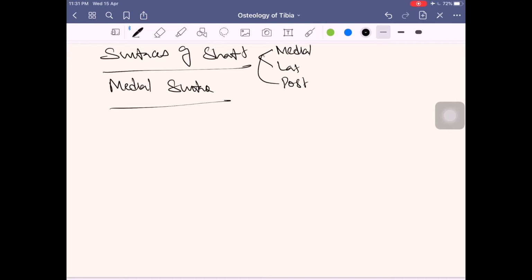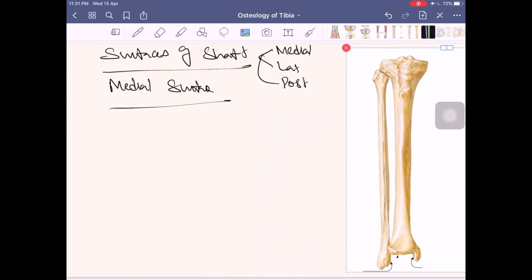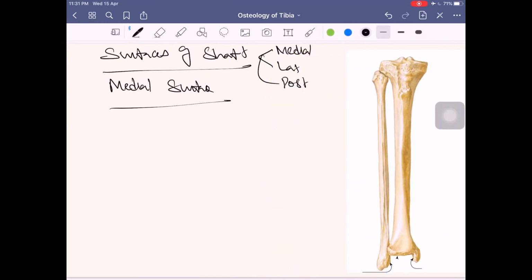These are the three surfaces. Let us talk about the medial surface. The medial surface is between the anterior border and the lateral border. So this is the medial surface.